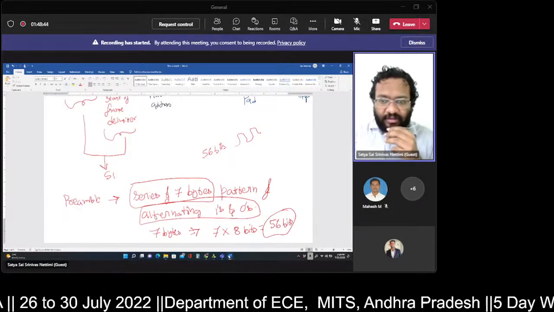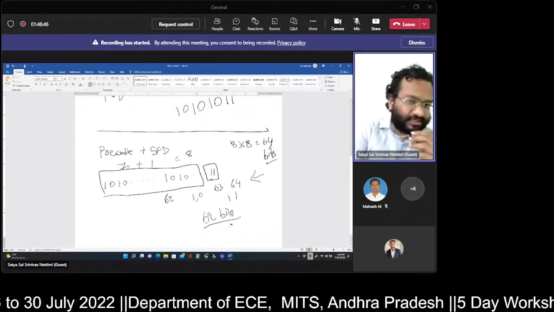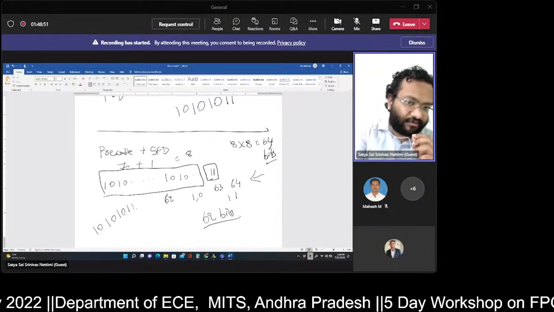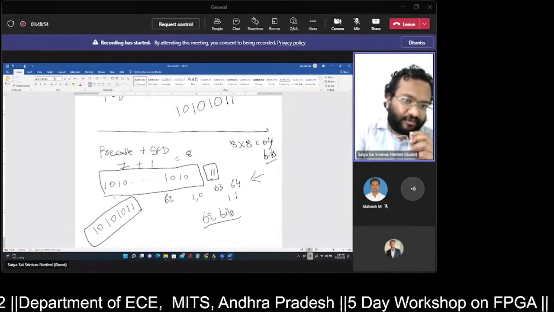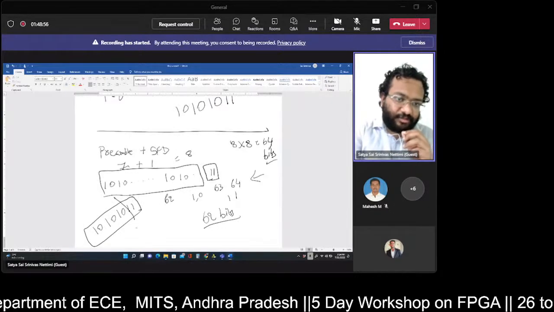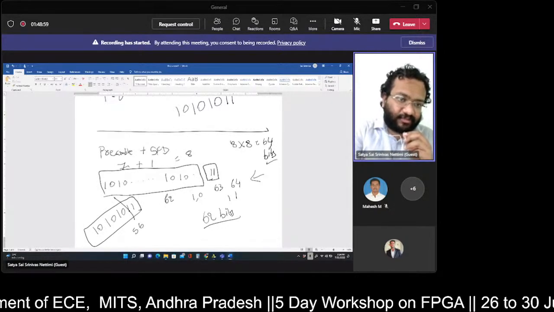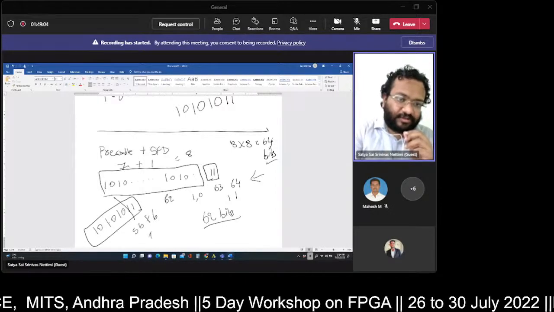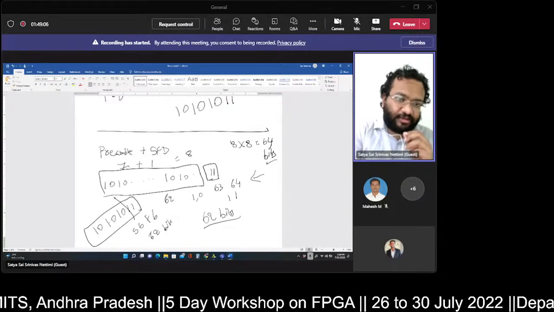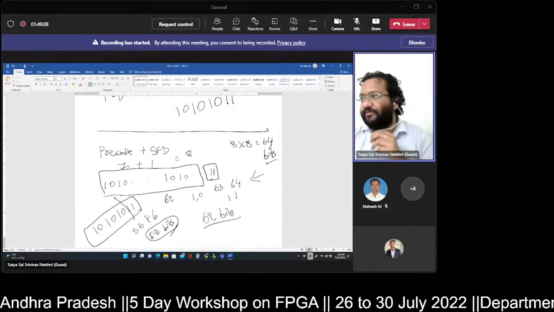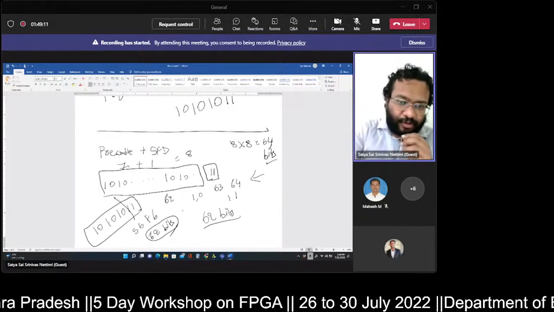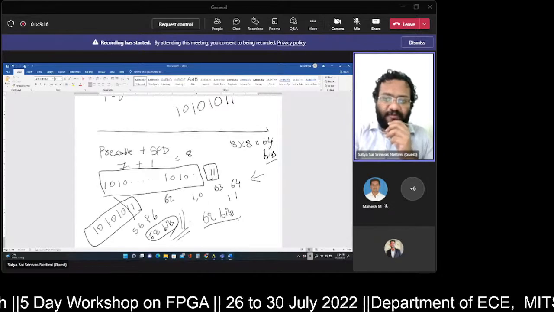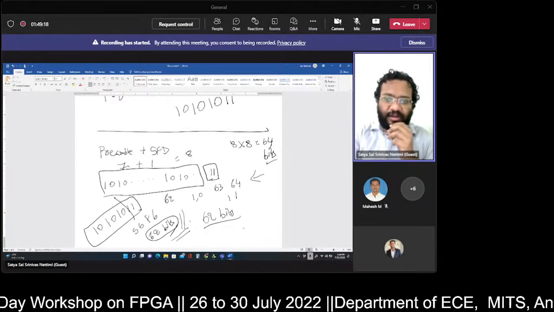And if you take SDF also into consideration, it has a fixed pattern, right? 10101011. So if you remove the last two bits, 56 plus 6, total 62 bits you need to generate alternatingly. So in order to limit it to only 62 bits, we have to use a counter mechanism.